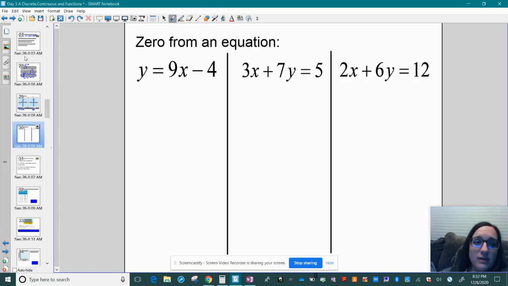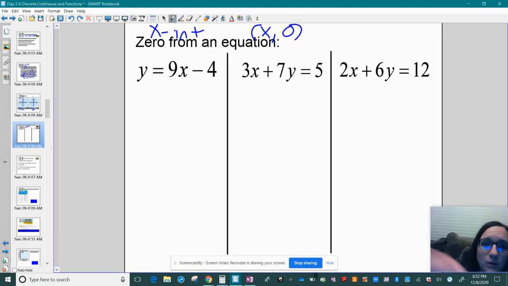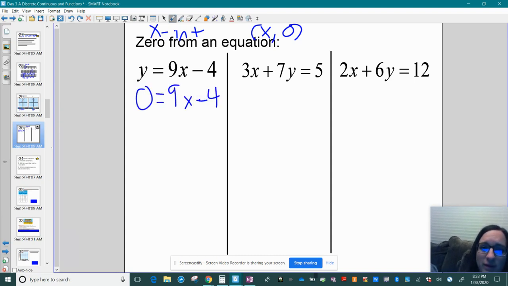How do you find 0 from an equation? If we're looking for our x-intercept, when our ordered pair is x, 0, that means y is 0. So all we have to do is plug in 0 for y for each of these and solve. If we plug in 0 here, 0 equals 9x minus 4, all we have to do is solve.